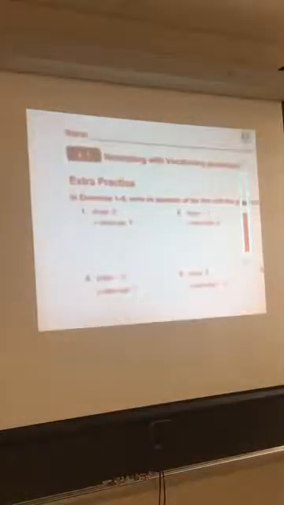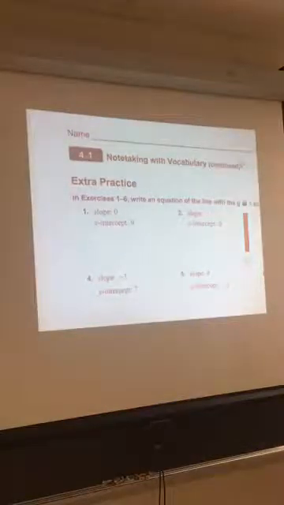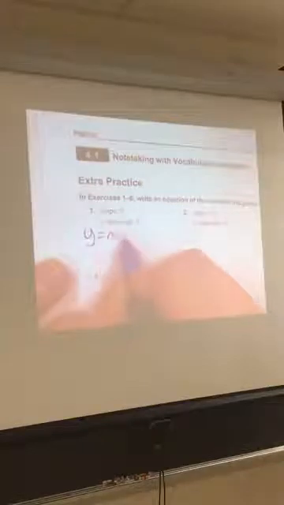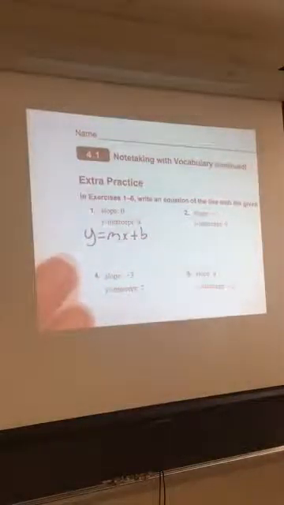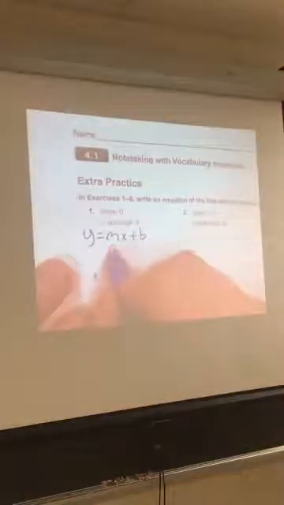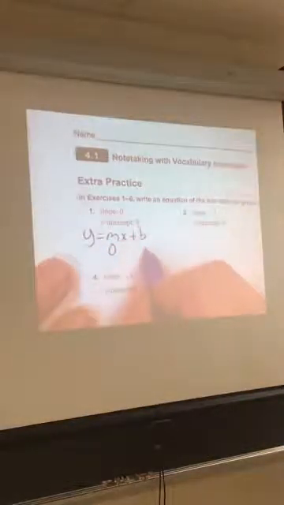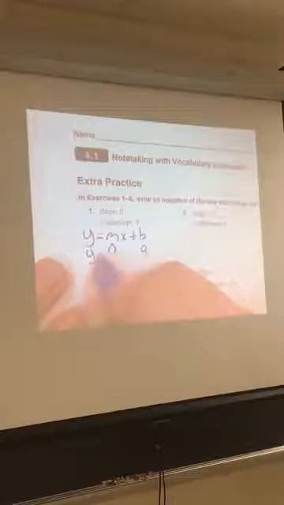So, for example, zoom in here a little bit. This problem, slope is 0, y-intercept's 9. Remember, y equals mx plus b. M is the slope. B is the y-intercept. Don't think too hard. Put a 0 there for m, put a 9 for b, and there's your answer.